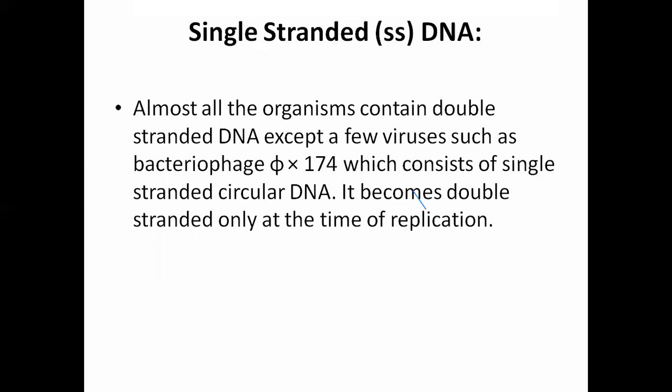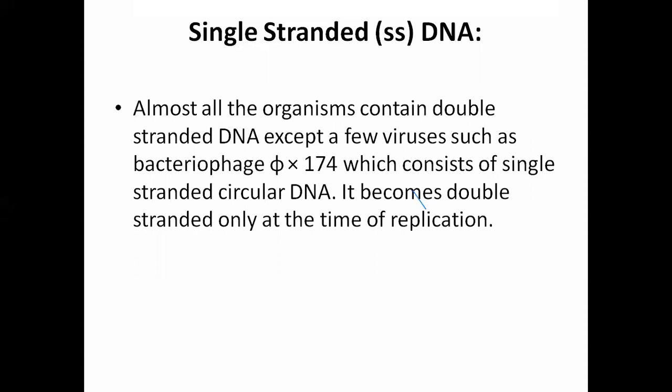So, we have discussed double-stranded DNA, DNA triplex, DNA tetraplex. What is the example for DNA tetraplex? It is I motifs. And what is the example for DNA triplex? It is HDNA.